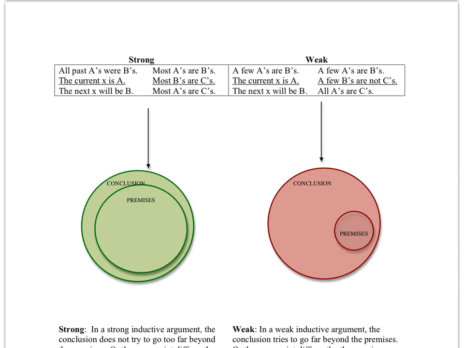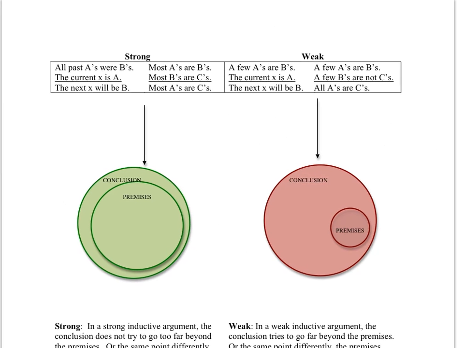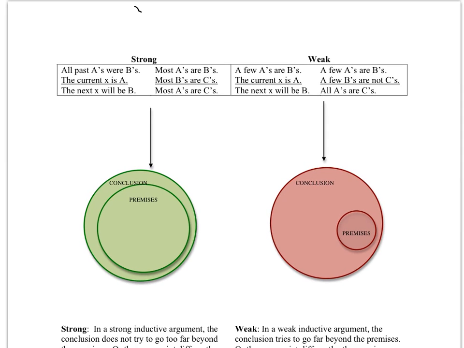So now we're going to get on to inductive arguments, and just as deductive arguments had concepts that talked about their adequacy, inductive arguments have concepts that also talk about their adequacy. And to talk about the structure of an inductive argument, we have the concepts of strength and weakness.